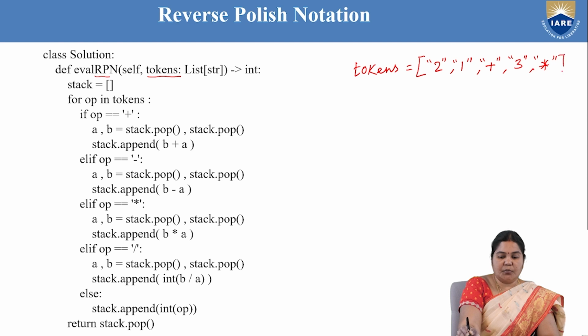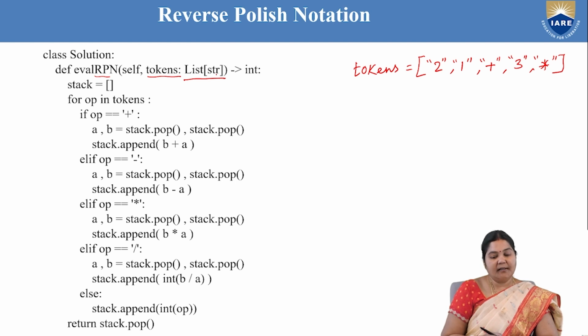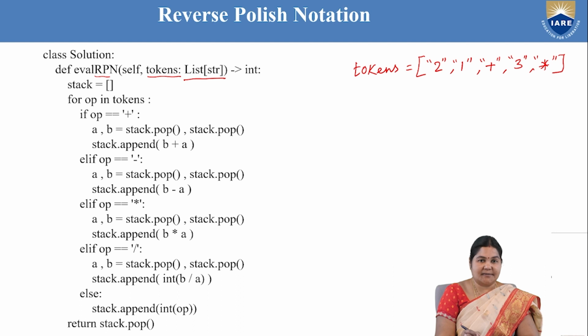This is our tokens. The tokens are given in the form of a list of strings. Now, the purpose is, whenever the operands are given in the form of strings, we have to convert them into integers and then store them in a stack and then apply the operators on them to get the result.